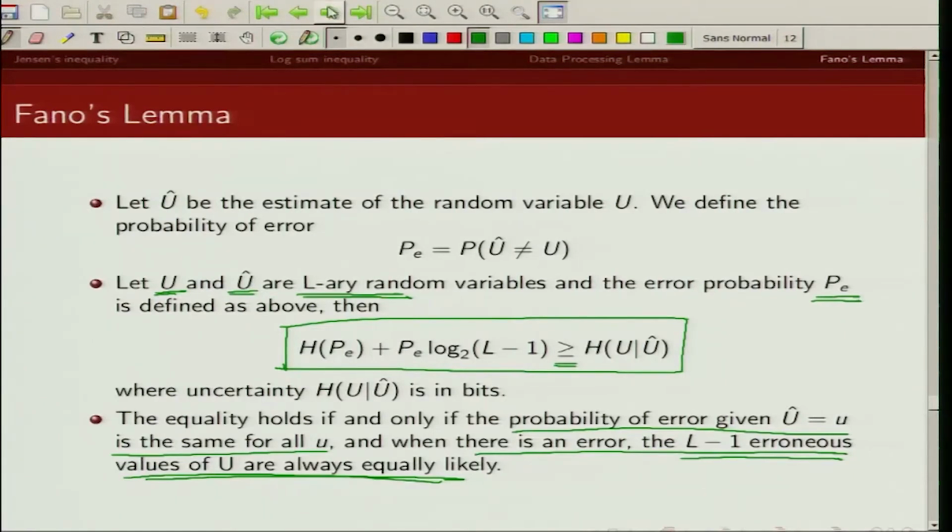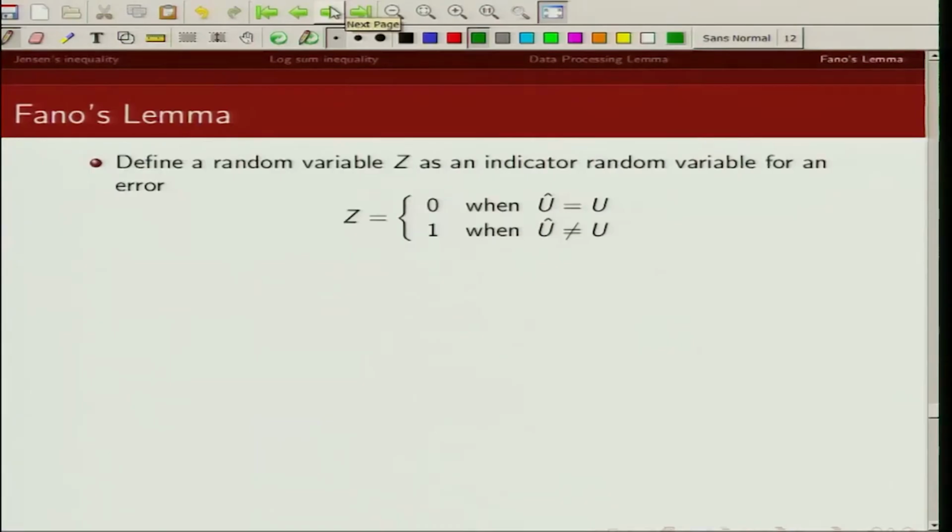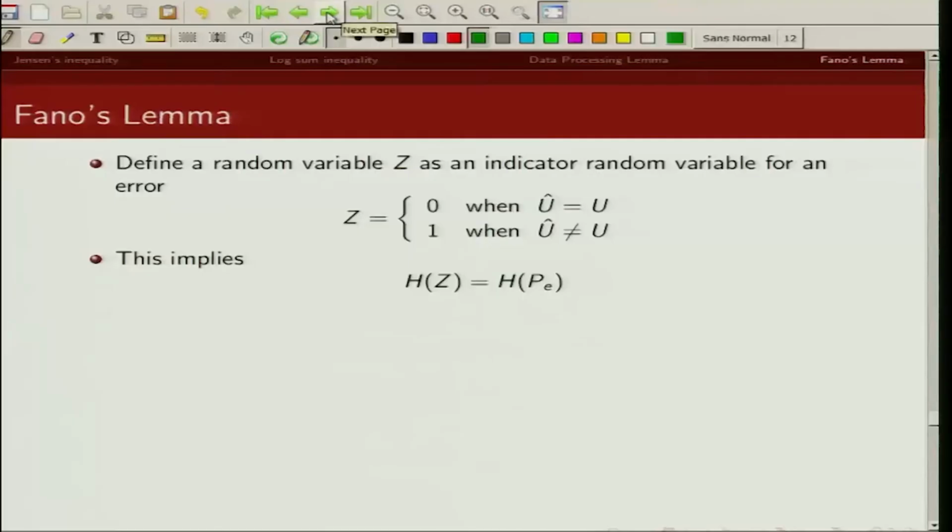So let us prove this result. Let us denote a random variable z, which indicates whether there is an error. This z is an indicator random variable, which will be 0 if there is no error, and 1 if there is an error. So z takes two values, either 0 or 1, 0 when there is no error and 1 when there is an error. So what is the entropy associated with z?